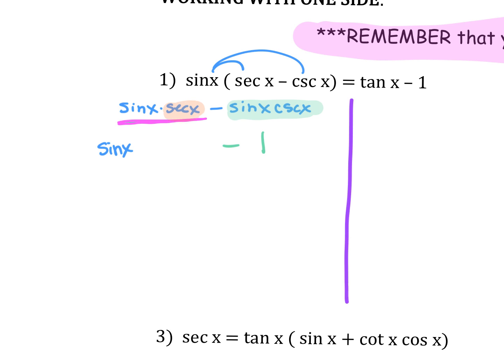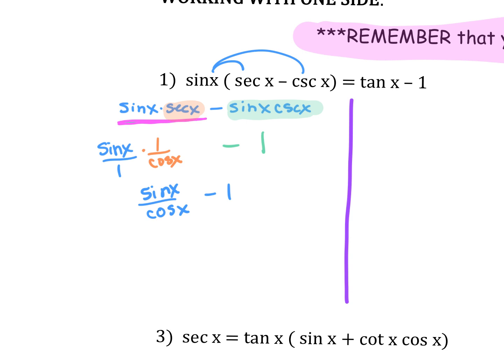Zach? Secant x is 1 over cosine of x. There you go. And if we combine together this sine x times this 1 over cosine x, then we have sine x over cosine x, and then minus 1.